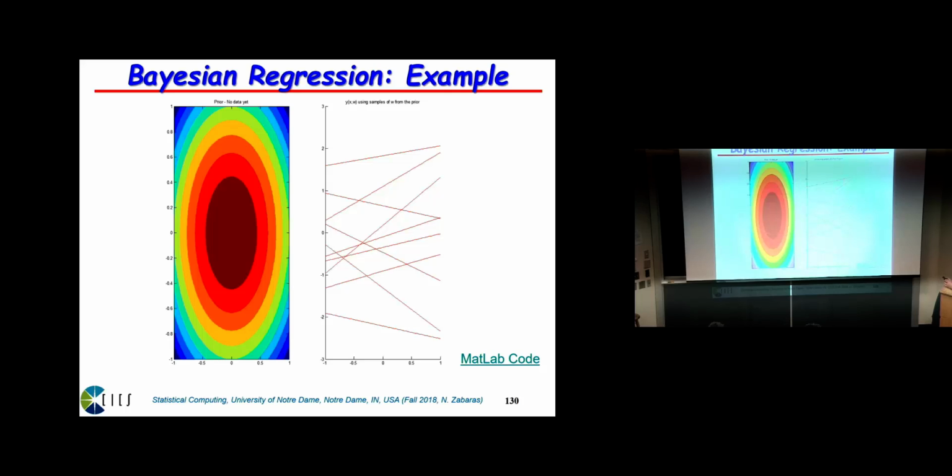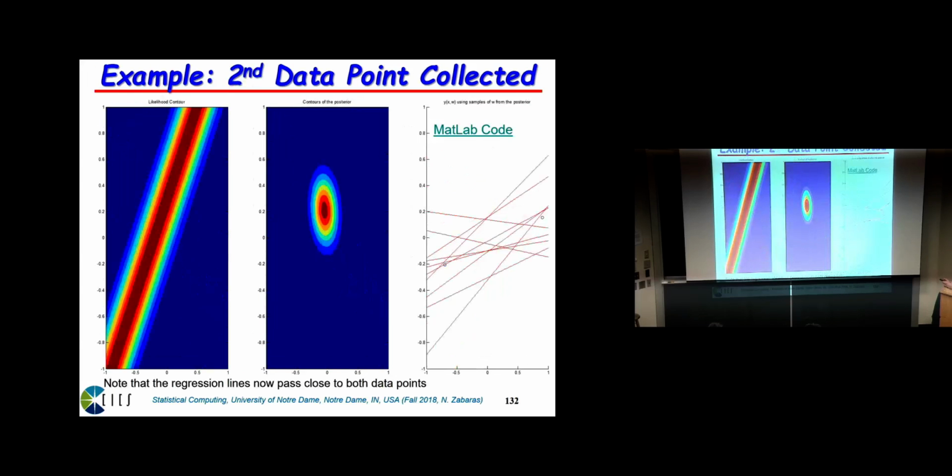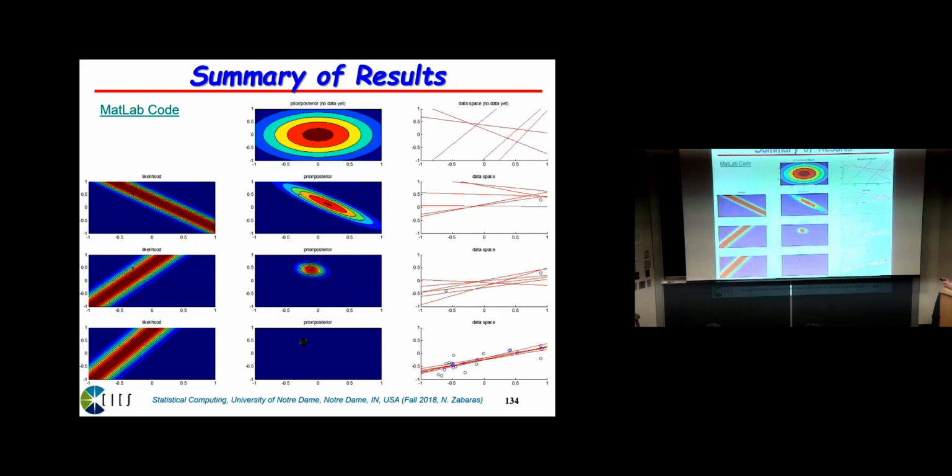Samples from the prior for the parameters give you all these weird straight lines all over the space. As soon as you provide one data point, the samples for the weights give you lines that pass close to this point, and the posterior becomes more focused. As you get more and more points, the posterior converges to a point, and you get solutions that look nice like that.